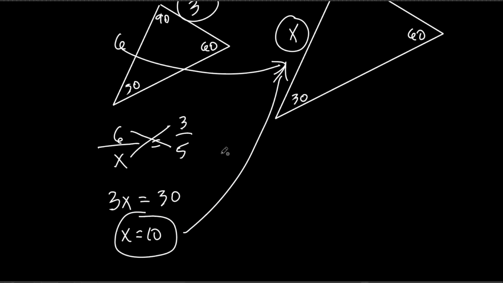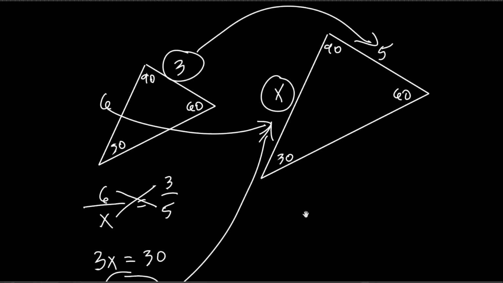So that's how you do these problems. First of all, you figure out that they're similar, and then you set up a proportion. Let's do this in a different color. You take a look at this side, and I see what side it compares to. Well, this side compares to that, doesn't it? So I make my little ratio.